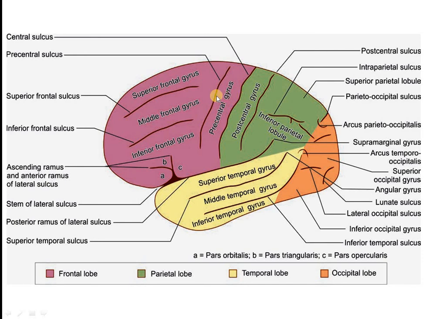The precentral gyrus is part of the frontal lobe, while the postcentral gyrus is part of the parietal lobe. This portion is called the inferior parietal lobe, and this is known as the occipital lobe. So it has different sulci and gyri.